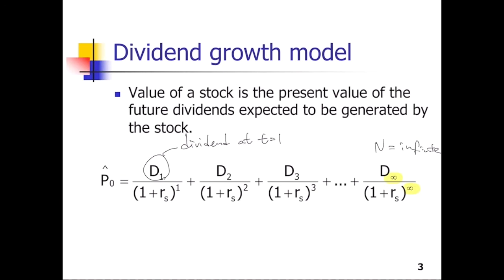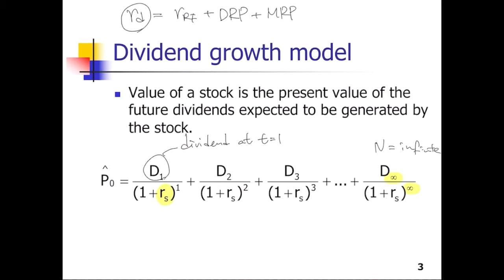How is this RS determined? Do you remember in the bond part, RD? How is RD determined? RD is determined by three components, right? RRF, the risk-free rate, plus DRP, the default risk premium, and MRP, right? And RD is used as the discount rate.